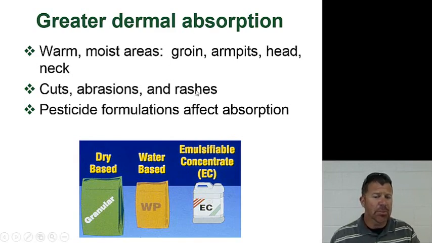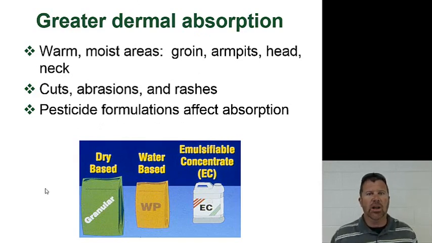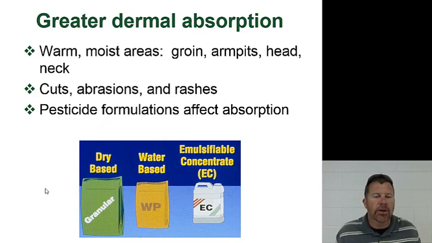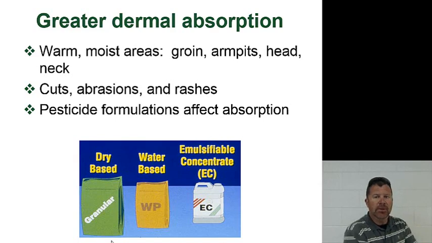And here, also, pesticide formulations affect the absorption. A granular, which is dry-based, think about it like a fertilizer, like a pellet. If it hits your skin, you're not going to be exposed to it as much. You're not going to absorb it. Water-based, like a powder, it's going to stay on your skin, but if you wash it off really quick, brush it off, less exposure.